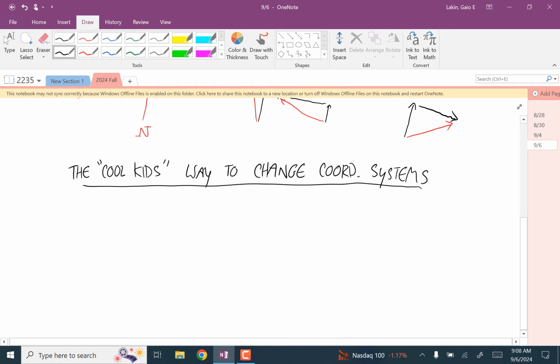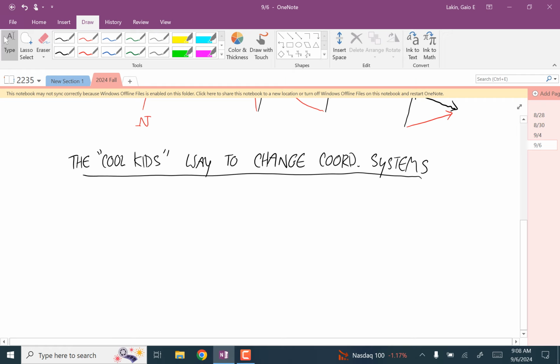You did that by setting up a triangle and figuring it out, and it's not horribly hard, but there's a much simpler way using a graphing calculator or any calculator that can do vector stuff. And that's rotation matrices.